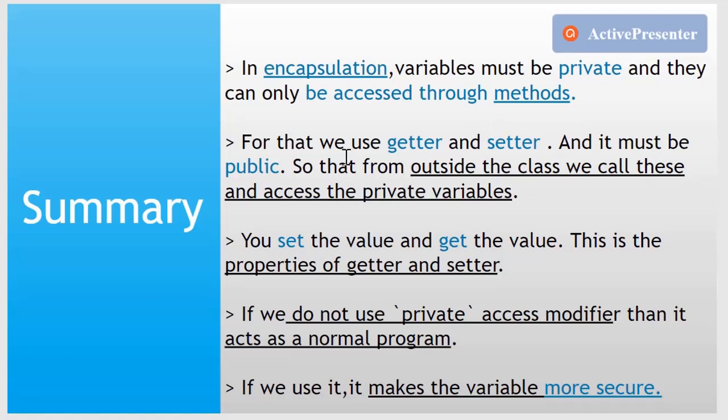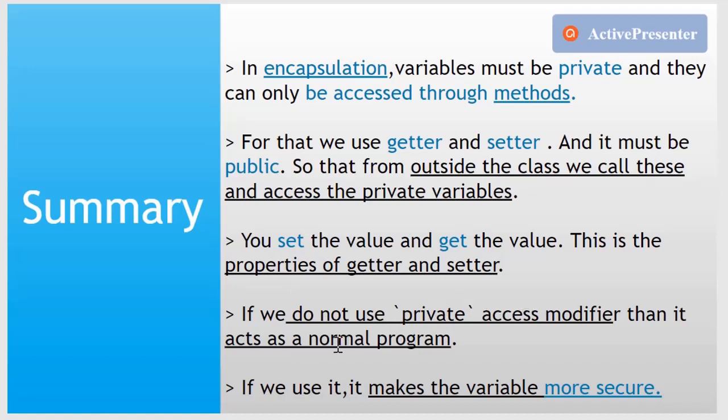For that, we use getter and setter methods, and they must be public, so that from outside the class we can call these and access the private variables, because when you use the private access modifier, it hides the data. You set the value and get the value. These are the properties of getter and setter.